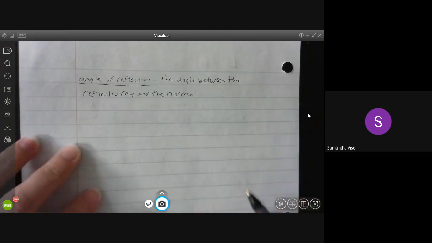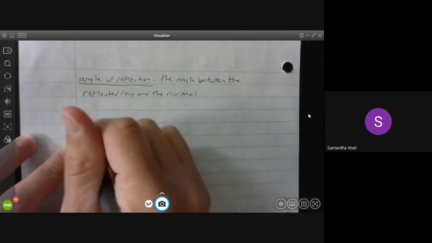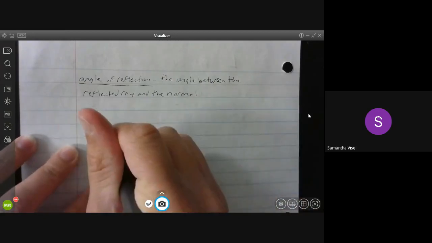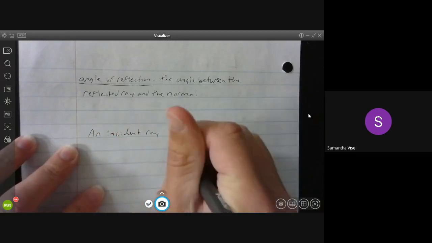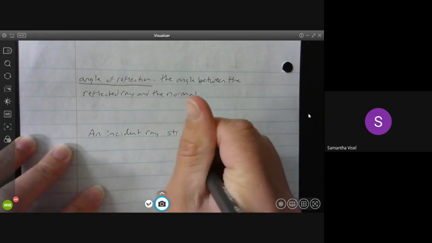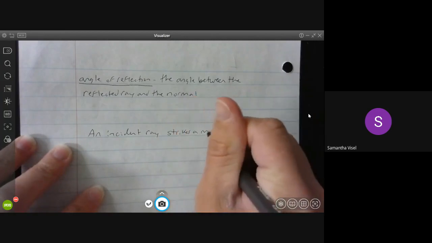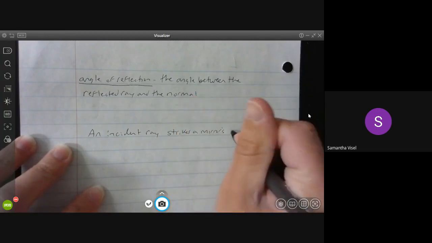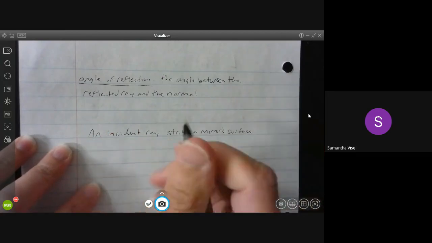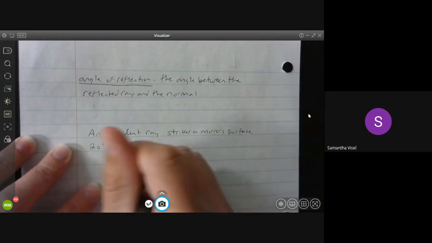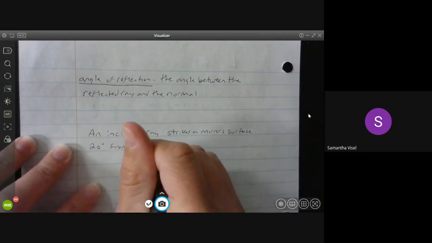So for our problem, let's say we have an incident ray that strikes a mirror surface 20 degrees from the normal.